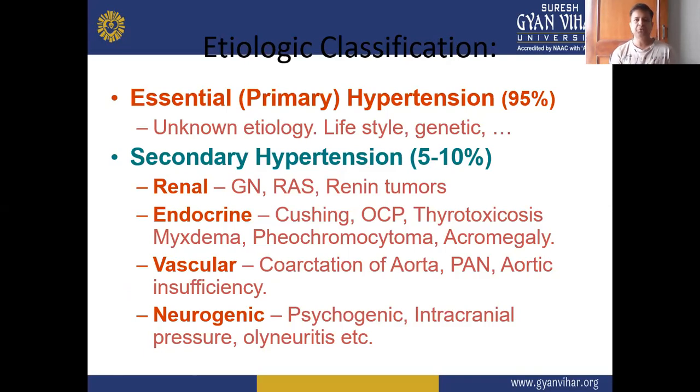It is due to lifestyle or genetic or hereditary factors. Second is secondary hypertension, which accounts for 5 to 10%. Under this, the first factor is renal, second endocrine, third vascular, and fourth neurogenic.